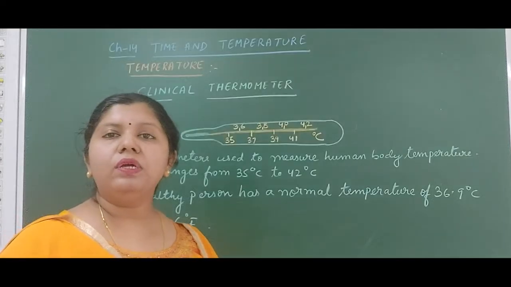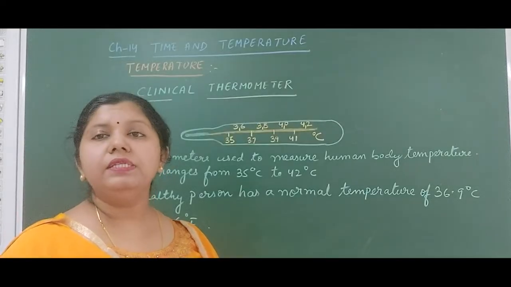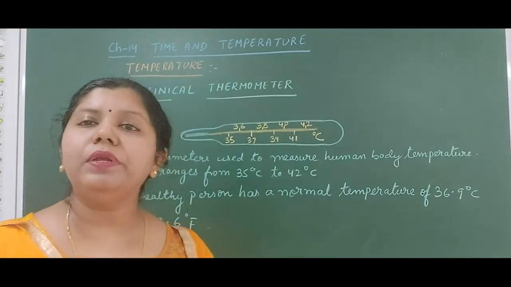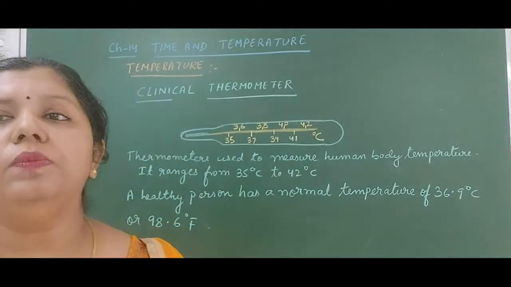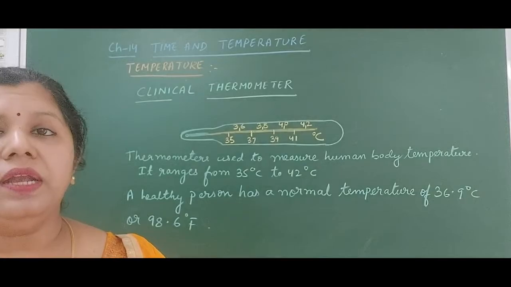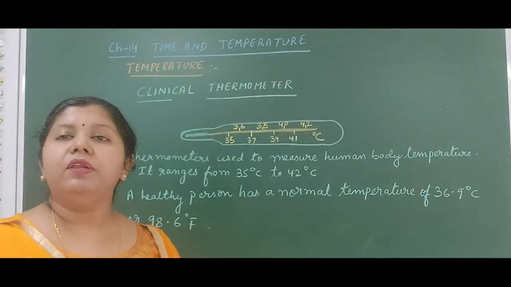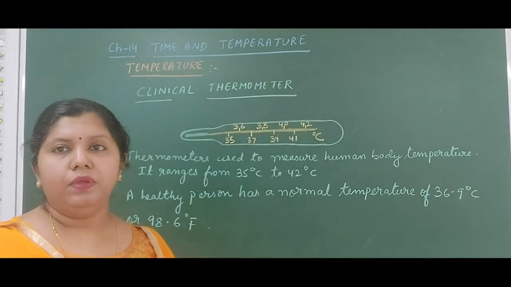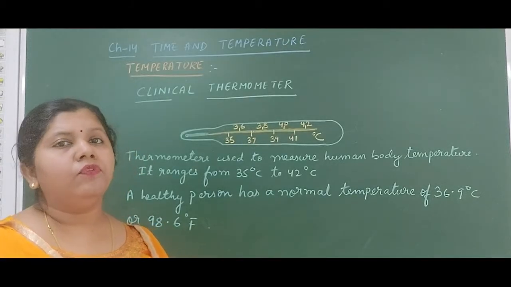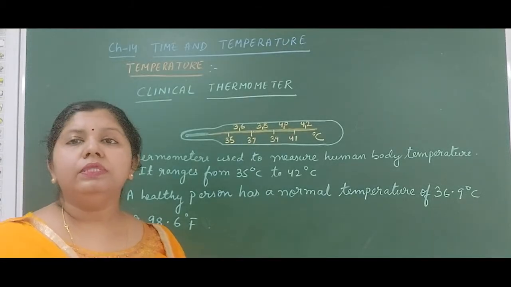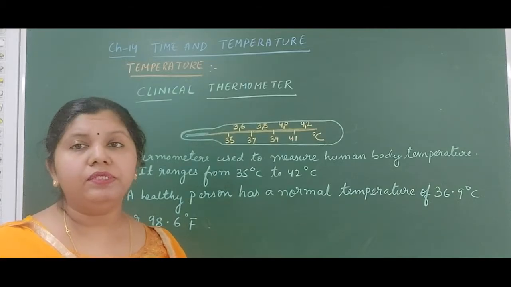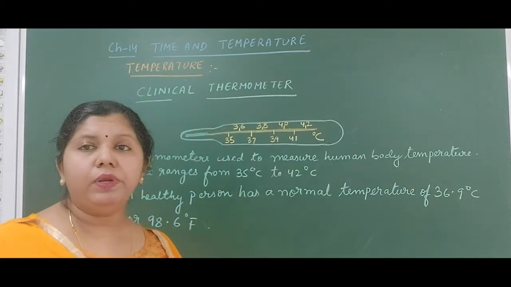Next we will read about a clinical thermometer. What is a clinical thermometer? A clinical thermometer is used to measure human body temperature, and its range is from 35 degrees centigrade up to 42 degrees centigrade. First of all, you must know where to keep the thermometer. Suppose you have a mercury thermometer.